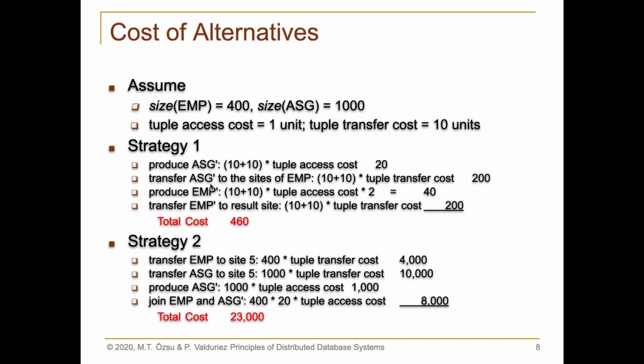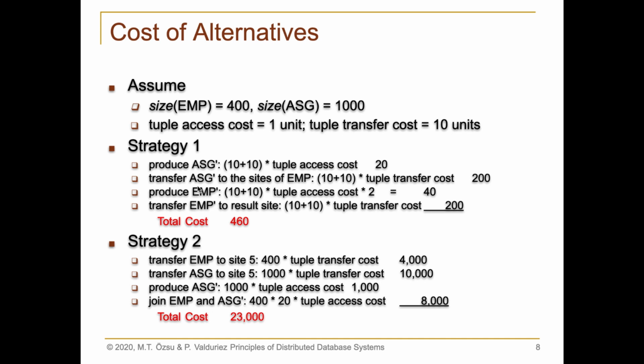So here, the cost to transfer assignment 1 prime from site 1 to site 3 can be calculated as the number of tuples in assignment 1 prime times the tuple transfer cost, and the same is true for transferring assignment 2 prime from site 2 to site 4.